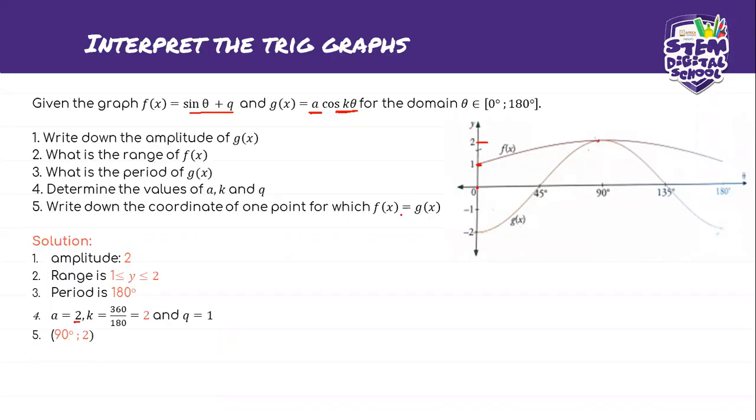Where f of x is equal to g of x, that point is the point of intersection, where these two graphs meet. And that point is this one here, which is 90 over 2, right? That's where the graph of f of x equals the graph of g of x, right?